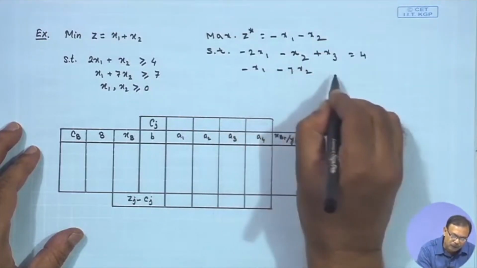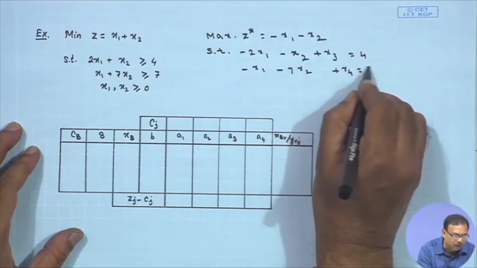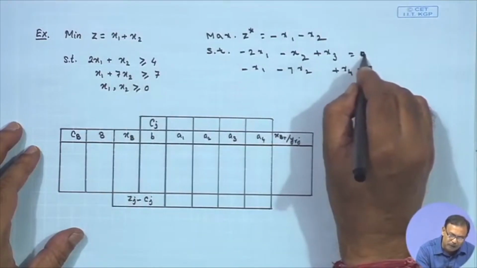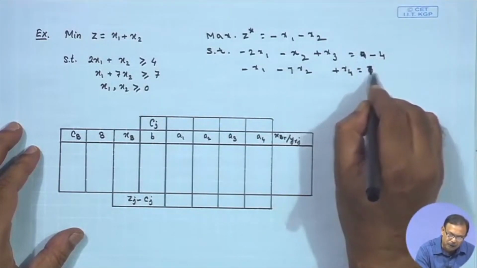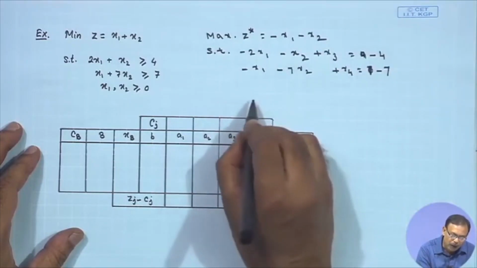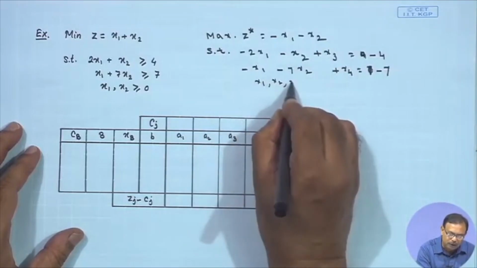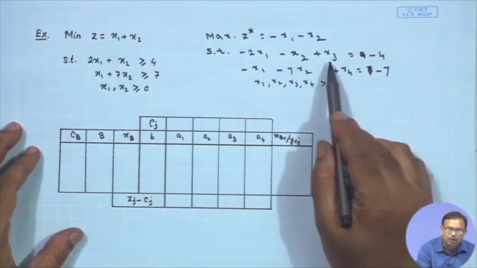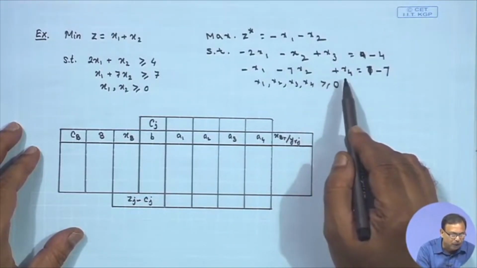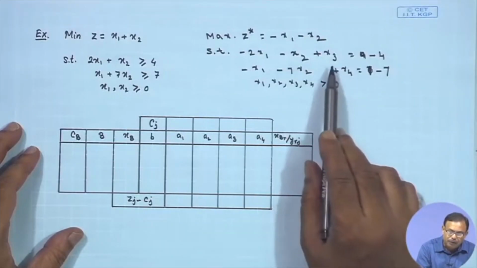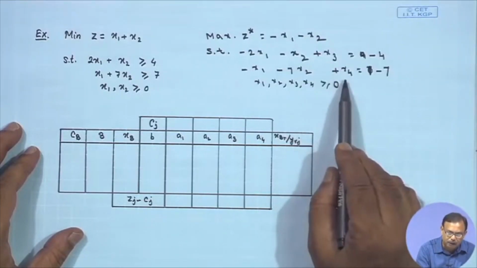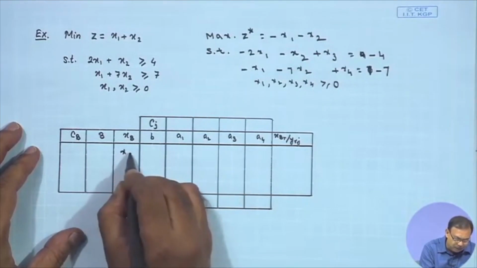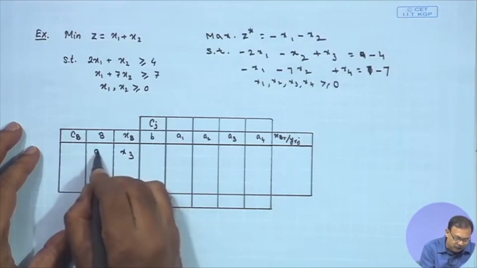Since I have multiplied both by negative, it will be minus 4, this will be minus 7, and your x1, x2, x3 and x4 are greater than or equal to 0, where your x3 and x4 are the slack variables. So, the basis vectors will be x3 and x4, x3 is minus 4, x4 is minus 7. So, I am writing here x3, x4, this is a3, a4.